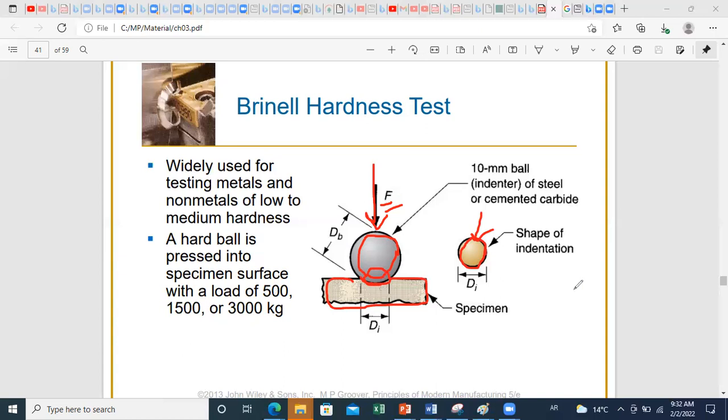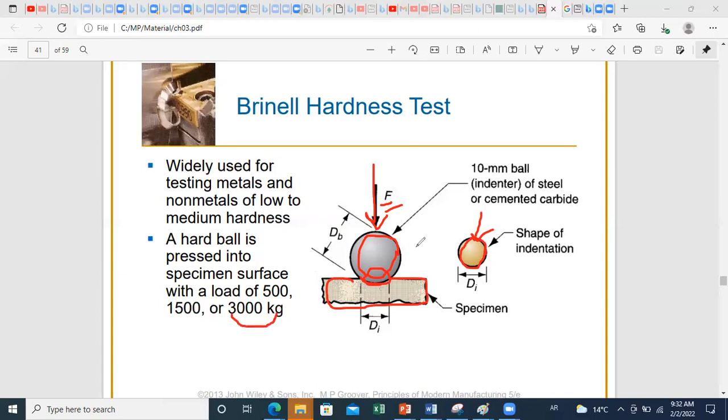So what we do in general, you have a catalog when you perform such tasks that will tell you that the force can be 500, 1,500, or 3,000. So the larger the hardness of your material, the larger the values of weight you should use.